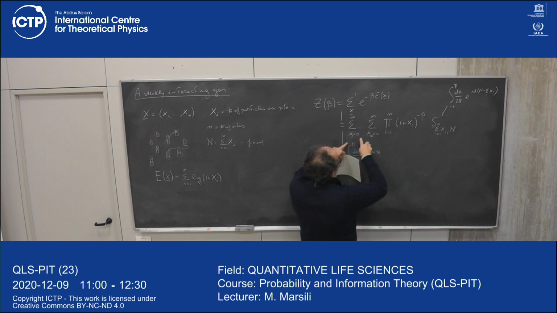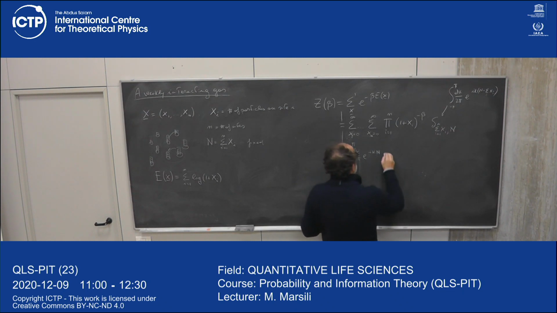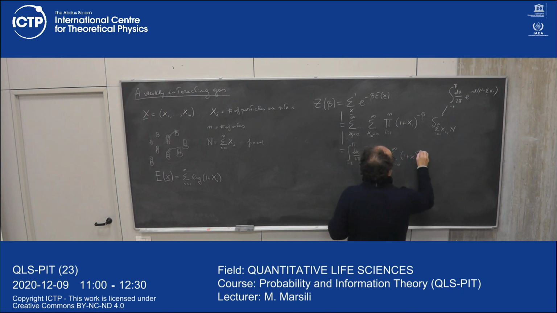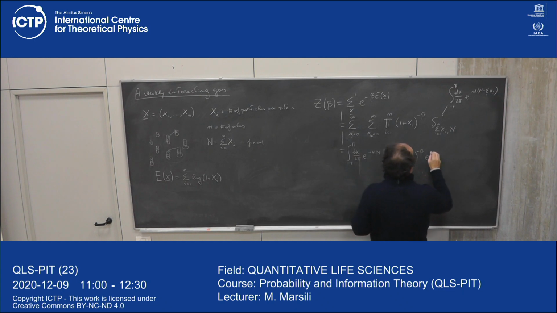So I have a product of n sums that are all the same. What I have is a sum over x from 0 to infinity of (1 plus x) to the minus beta times e to the minus i k x. Okay, and this is raised to the power n.